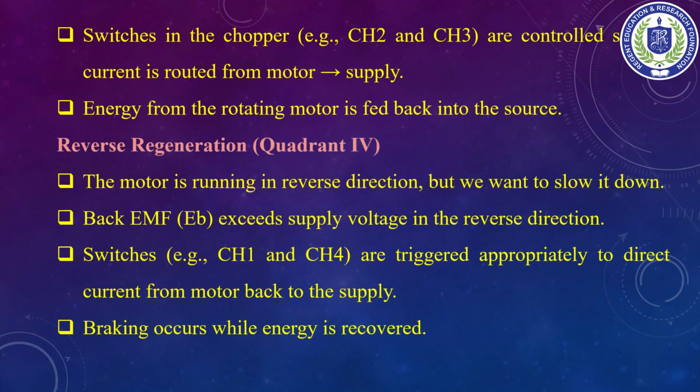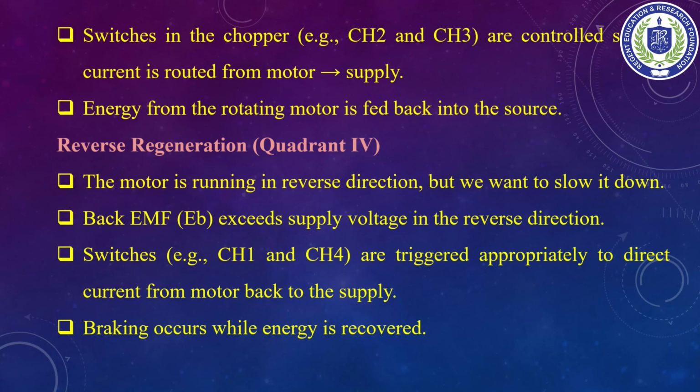Switches CH2 and CH3 are controlled so that current is routed from the motor to the supply, because in regenerative control the main motive is feeding the energy from the motor back to the source.